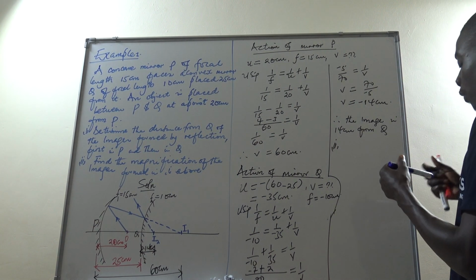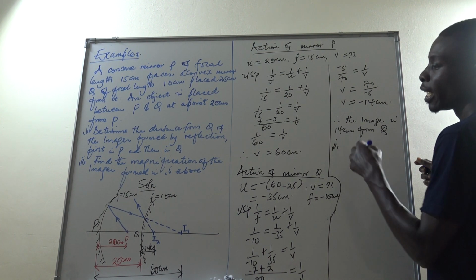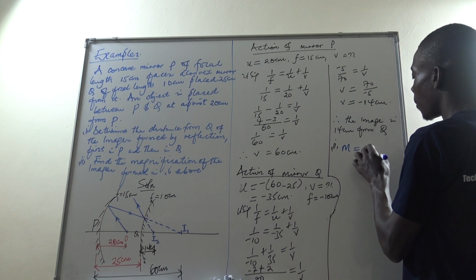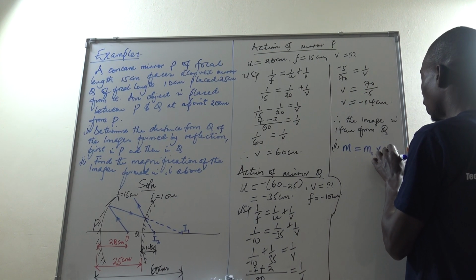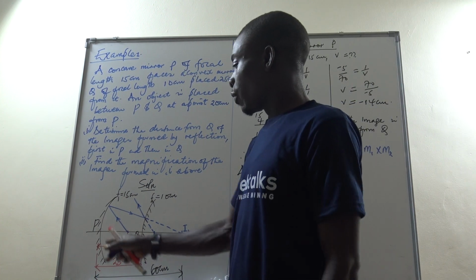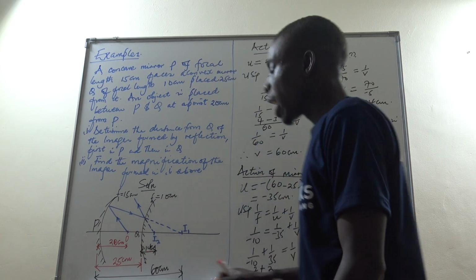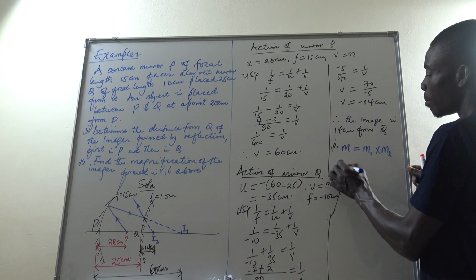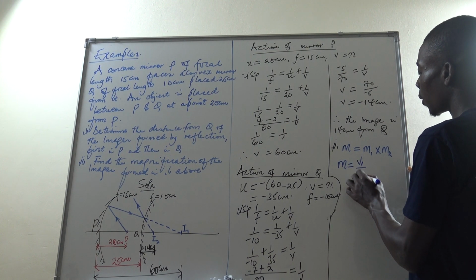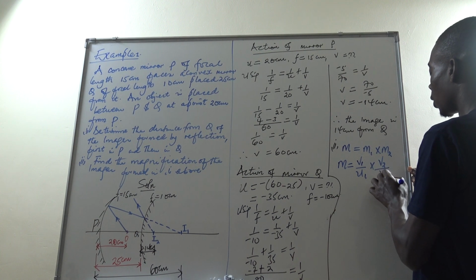Our second part of the calculation is asking, what is the magnification? The effective magnification. To get the resultant magnification, we take the magnification due to the first mirror times the magnification due to the second. So my magnification will be V1 out of U1 times V2 out of U2.